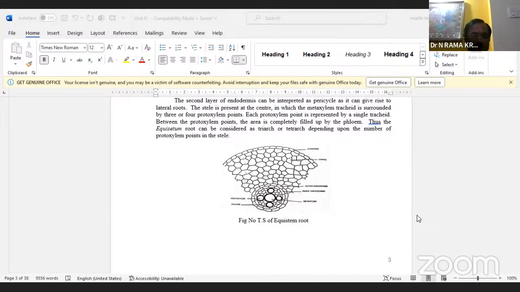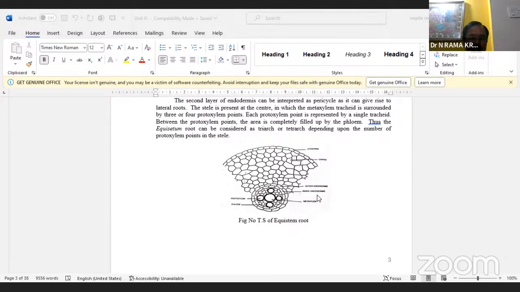The outer layer is made up of longer cells, and the inner layer of very small cells. Outer endodermis, and next one is inner endodermis. Here the pericycle is absent. Generally the pericycle is absent.